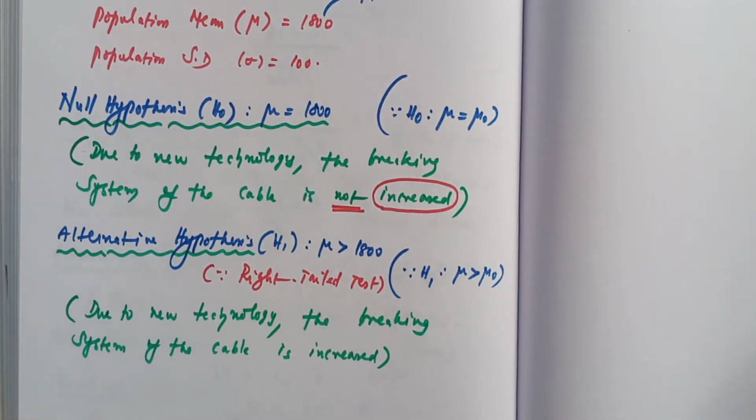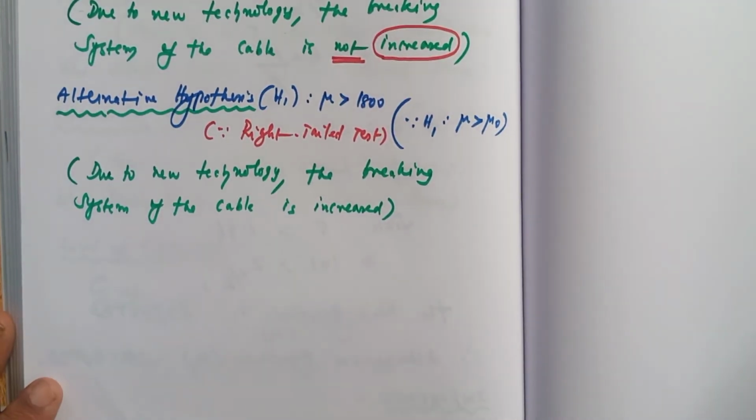Two stages are over. Now we can go for the third stage, that is level of significance.